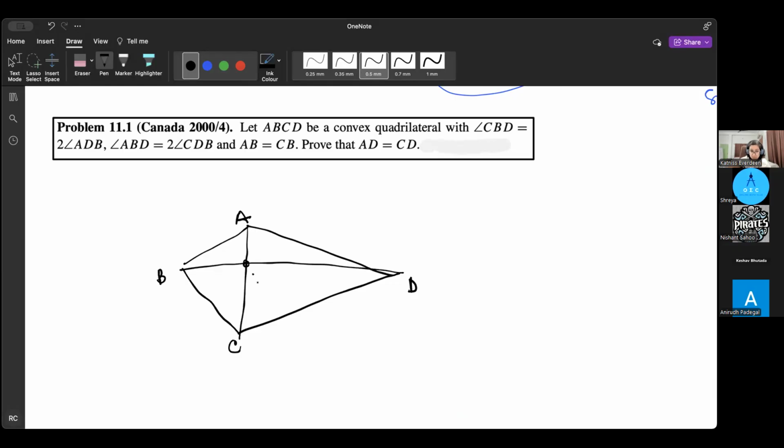The angles won't make sense here, huh? The angles would make sense actually. No, one of the angles has to be greater than 180, right? No, it's convex. Oh, wait, right. What am I doing? Oh, sorry about that.